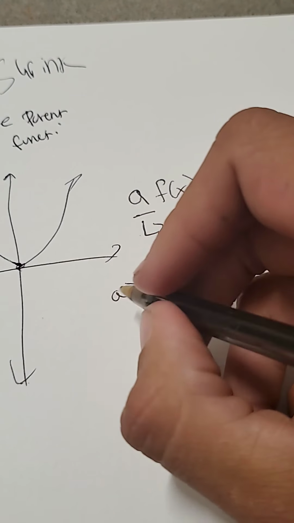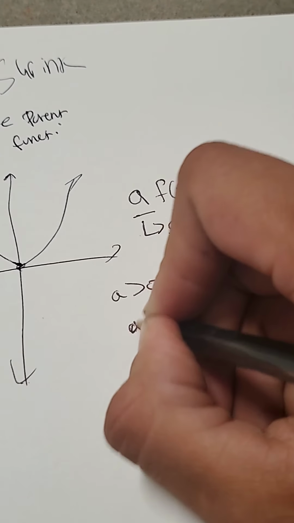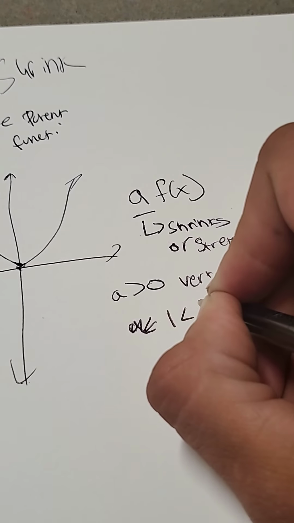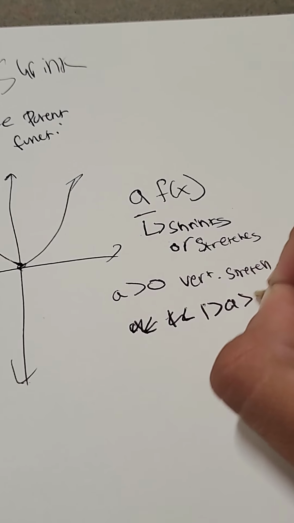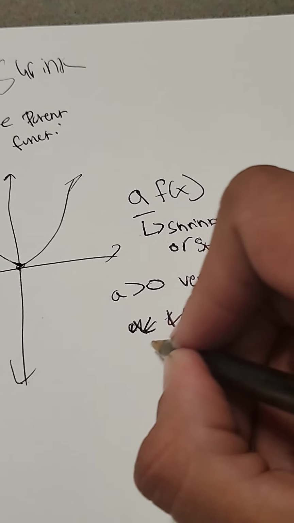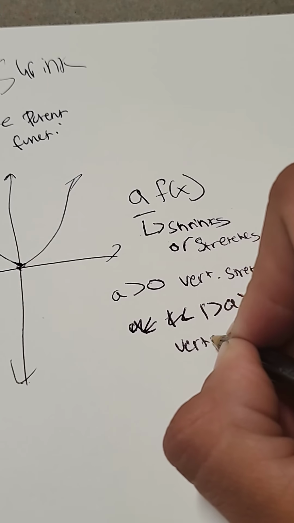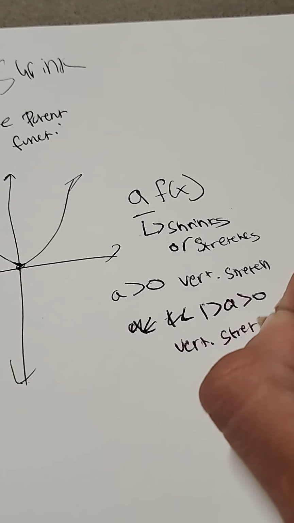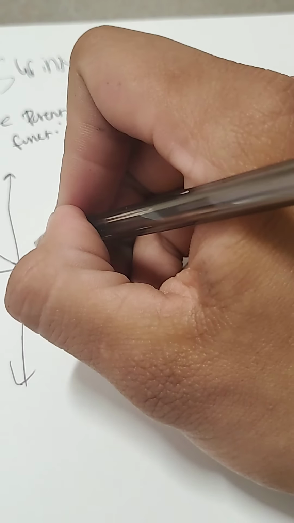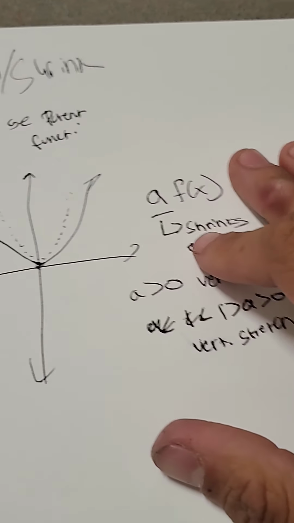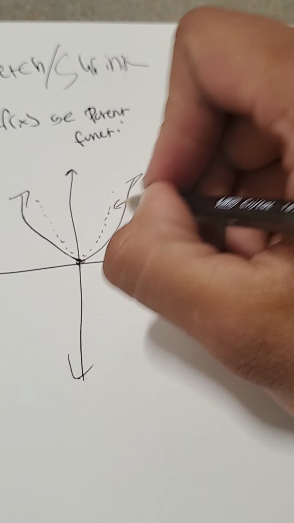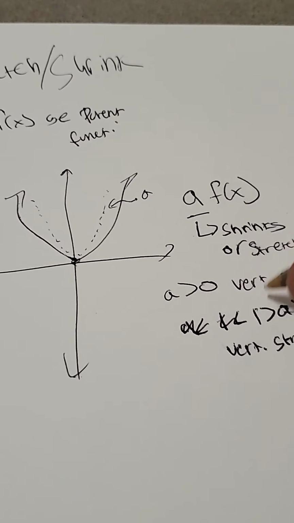If a is between 0 and 1, it shrinks vertically. So if a is less than 1, it does one of these, the dotted lines right there.